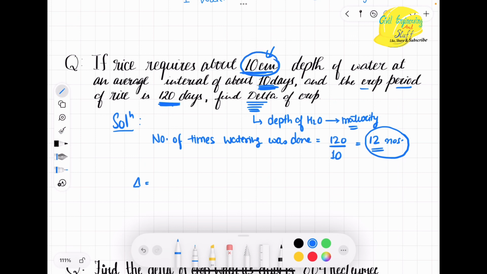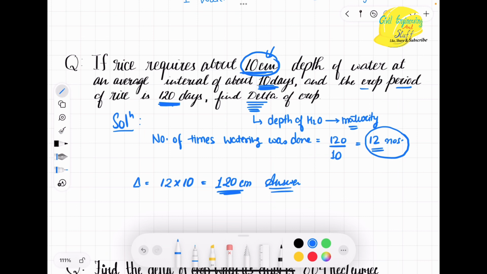So what will be the total depth of water, that is delta? That will be 12 into 10 equals 120 centimeters. Okay, this will be the answer.